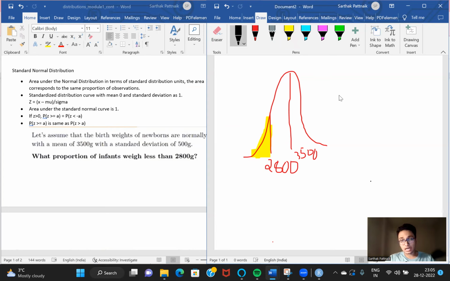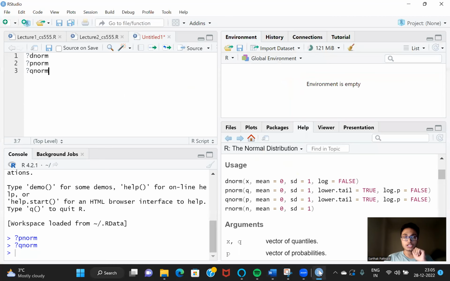We'll be doing it using R. From what I have just explained, it should intuitively come to you that because we have been given the point, what proportion of infants weigh less than 2800, and we need to find the proportion, we use pnorm.